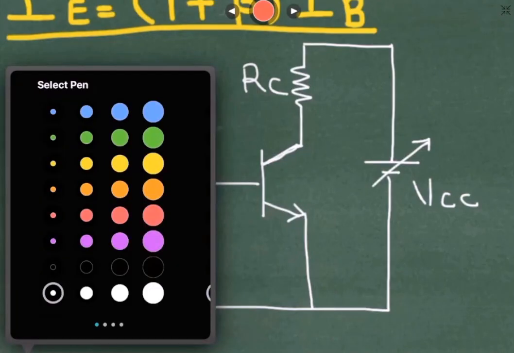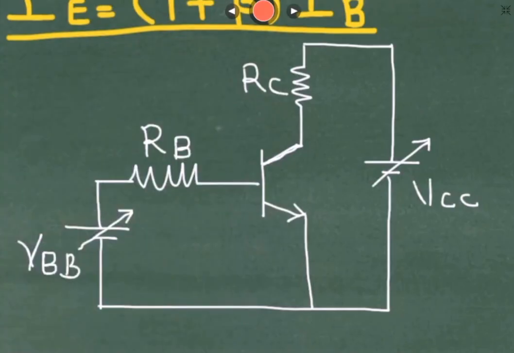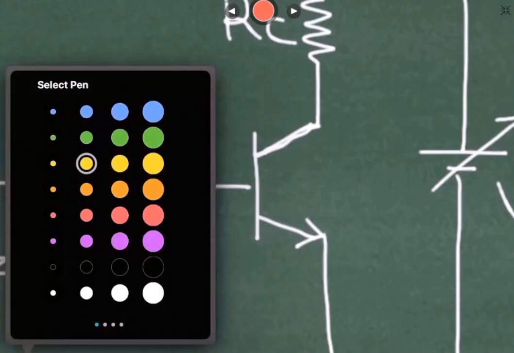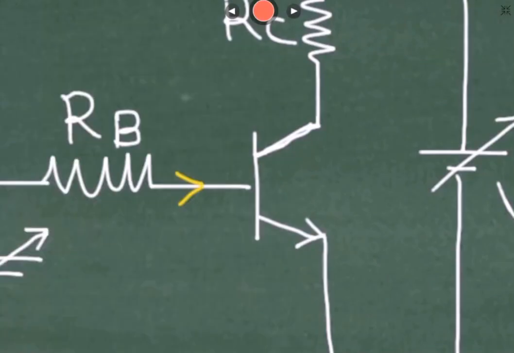So the current that flows at this base terminal. So NPN transistor. This current at base terminal will enter inside the circuit, and is denoted by base current IB. So IB is the base current that will enter at this base region.